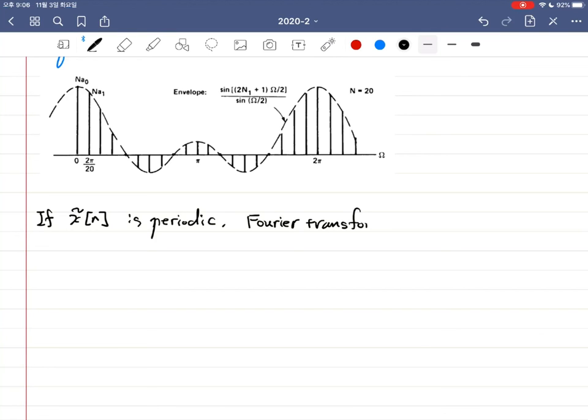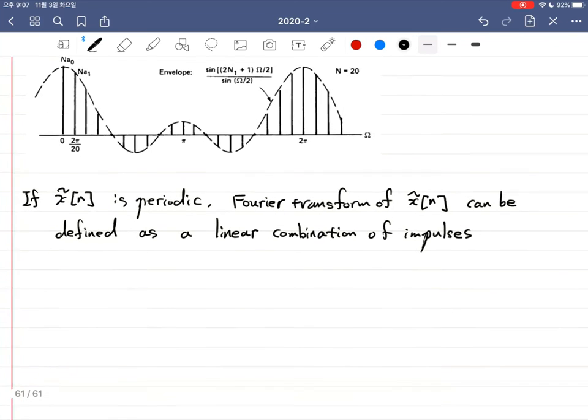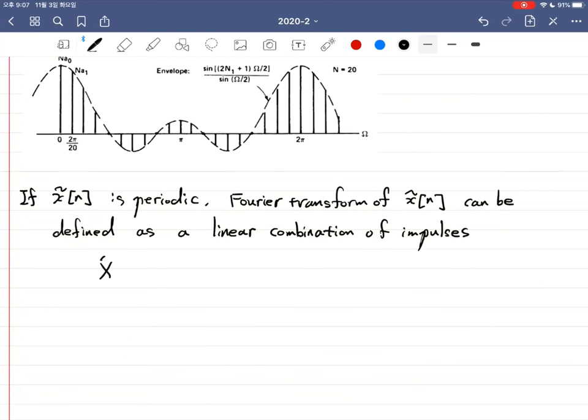And the Fourier transform of that x tilde[n] can be defined as a linear combination of impulses, which is exactly the same concept that we have witnessed in the continuous time.